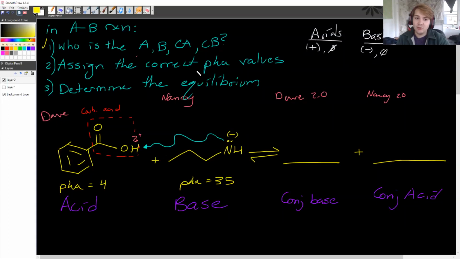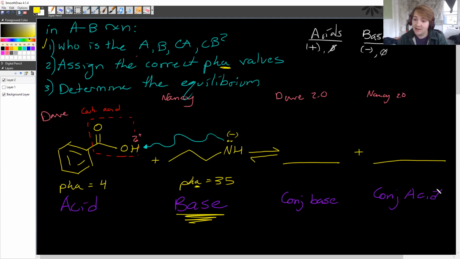Now we have to make sure that we're assigning the pKa values correctly. Remember, what does the A stand for in pKa? It stands for acid, right? So we can only describe structures that are acids with pKa. So can I describe Nancy, who is a base, with a pKa? No. Nancy is a base, so I cannot describe Nancy with a pKa value.